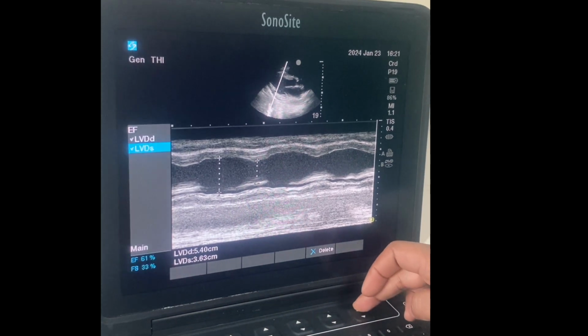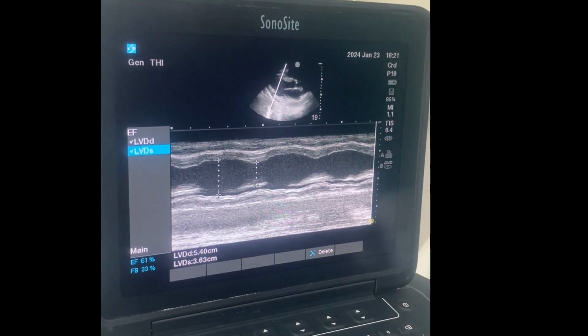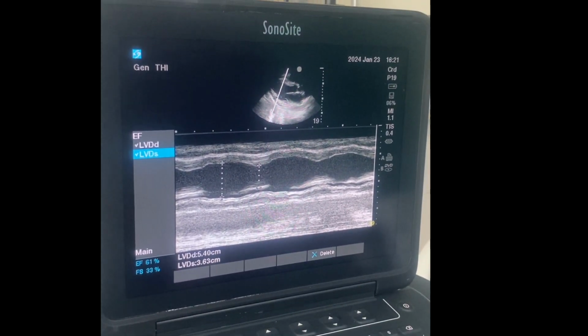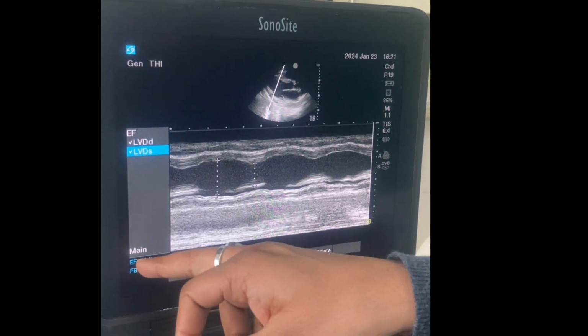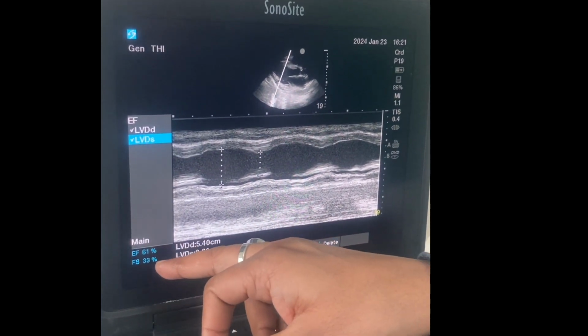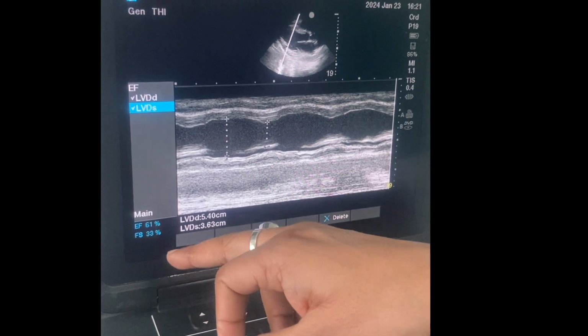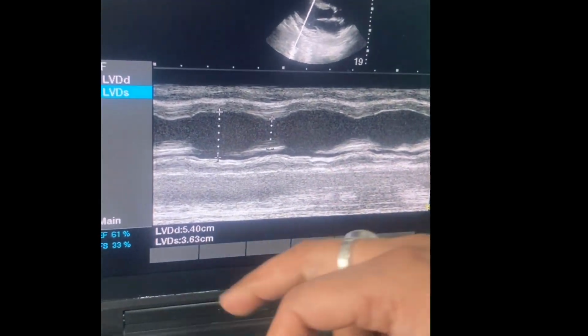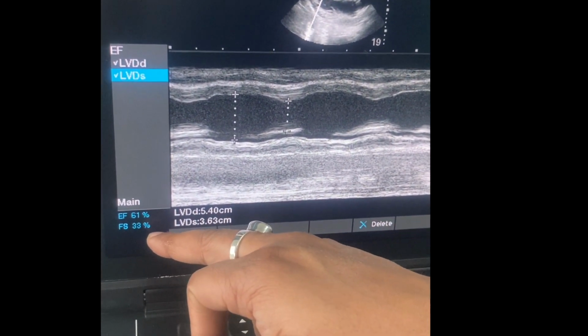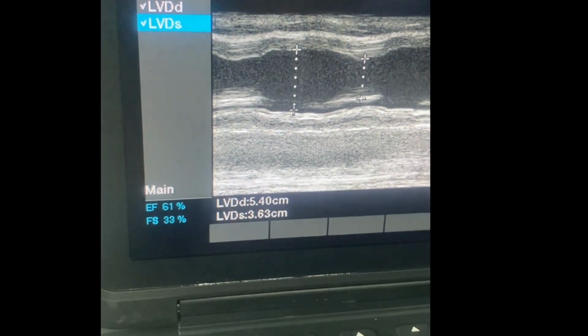Just save it, and now you can see this machine has automatically calculated the ejection fraction through the fractional shortening. In this patient, fractional shortening is 33% and ejection fraction is 61%.